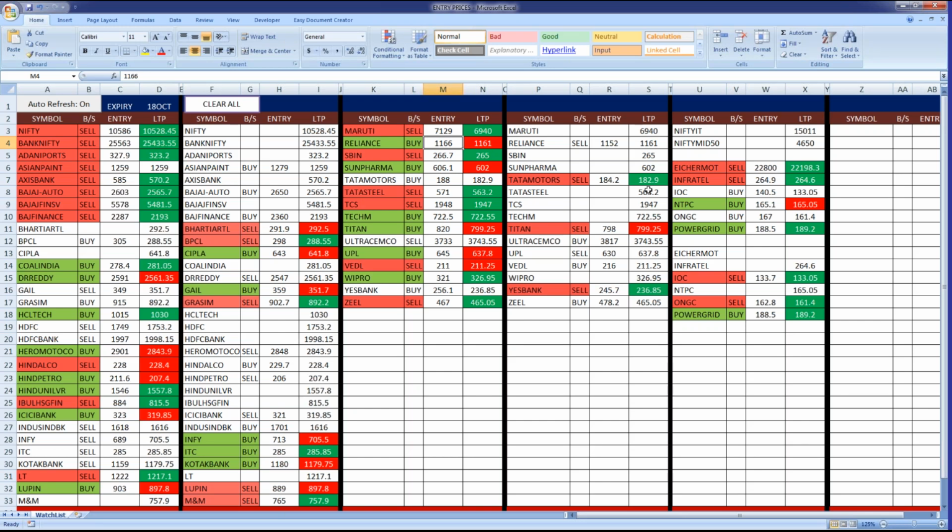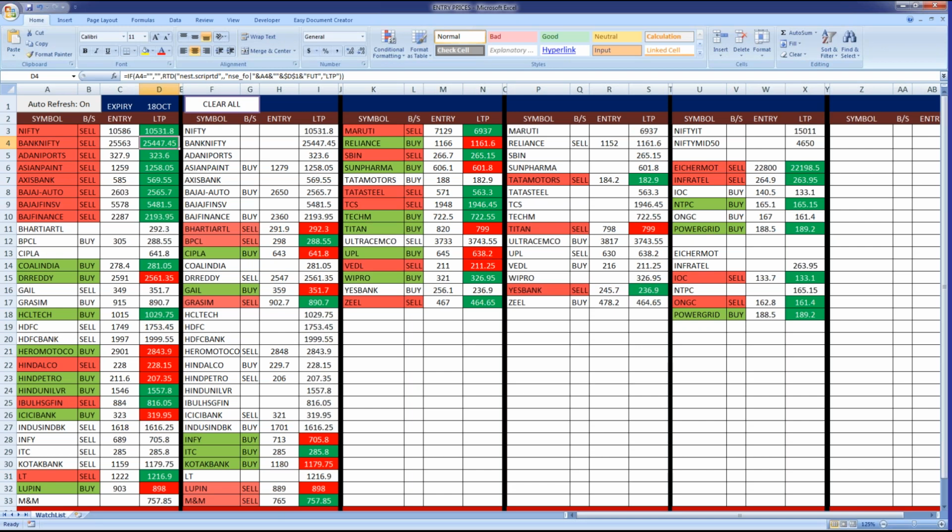And I have a few more calls. Bank Nifty, I have a sell call, which is a confirmation of the short-term trend. The long-term trend is again a short. So I can add one more lot here. And I have the same thing with Nifty and Hero Moto.